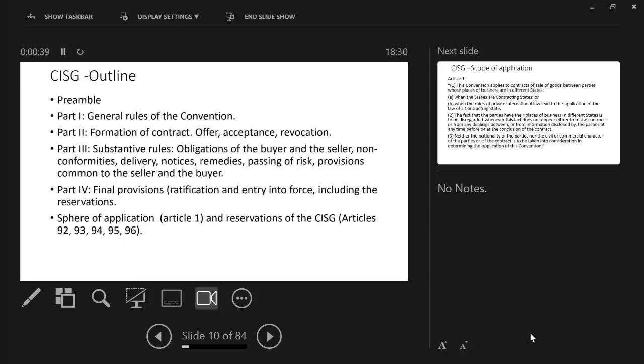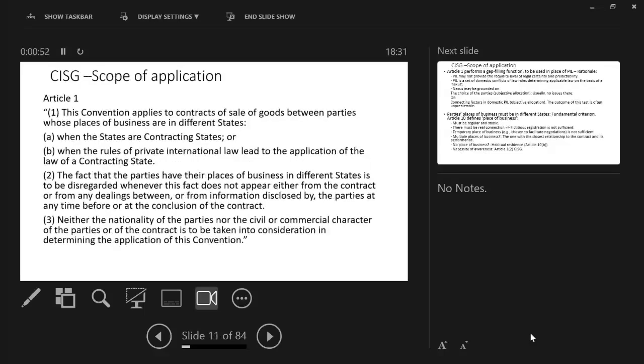And so what you actually have is a convention, an international treaty, that lays out standard contract terms for international sales transactions.